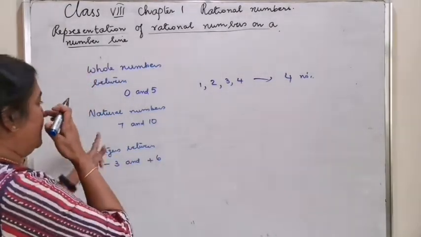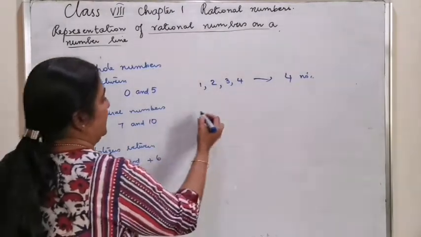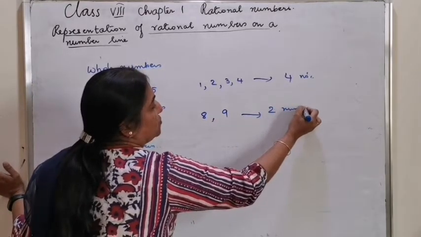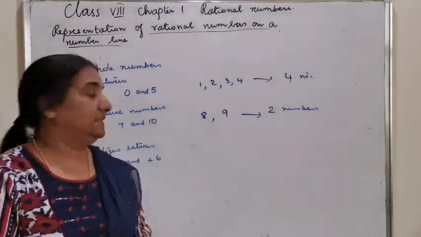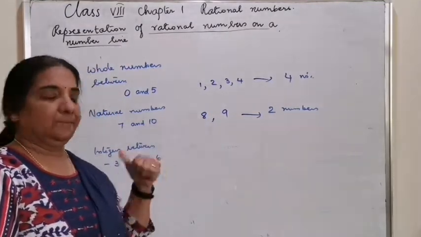How many natural numbers between 7 and 10? It is 8 and 9. That is, there are 2 natural numbers between 7 and 10.